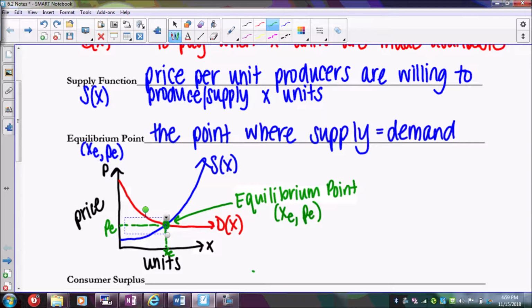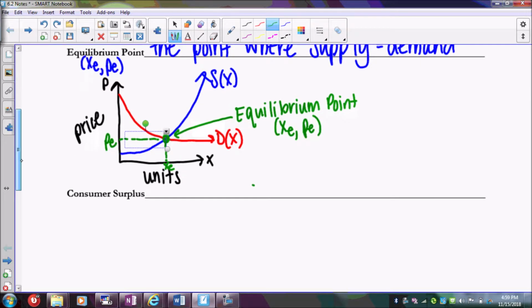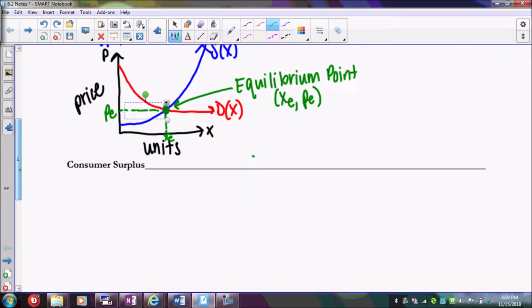If we start talking about consumer versus producer surplus, consumer surplus is when the consumer benefits. It's the difference between the amount that the consumer was willing to spend versus how much they actually spent. So it's the amount that they didn't have to spend that they were willing to spend. Let's write that down, and then we'll take a look at what that looks like visually so you can see how this all ties into integrals.